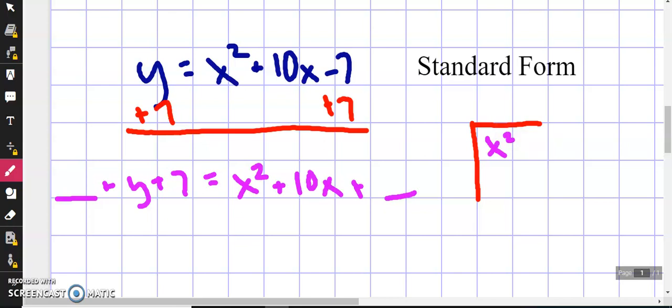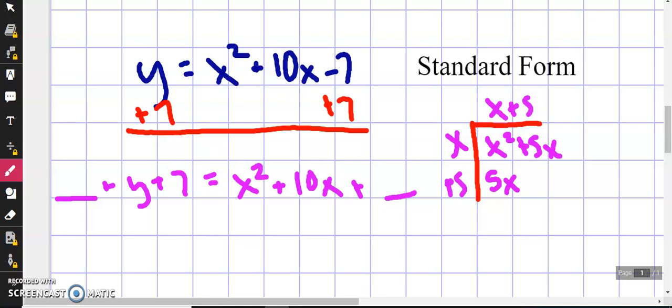I'm basically just going to take the 10x and split it in half. If I do that, I can factor an x from the top row, which means I would need an x here, which means I need a plus 5 here and a plus 5 here.